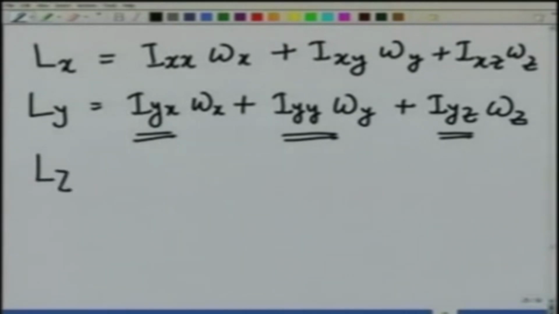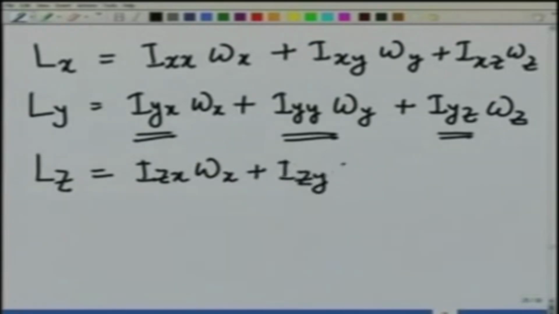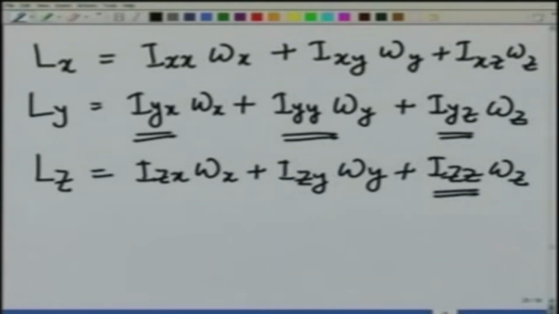Lz similarly would be Izx omega x plus Izy omega y plus Izz omega z, where Izz is the moment of inertia about the z axis, and Izy and Izx are products of inertia. Let me define them.